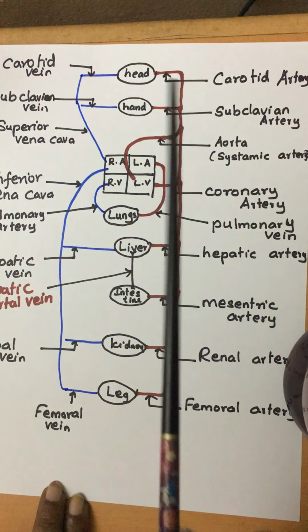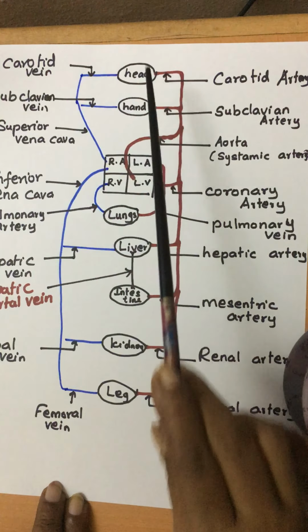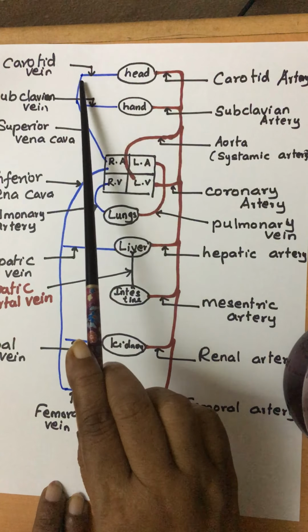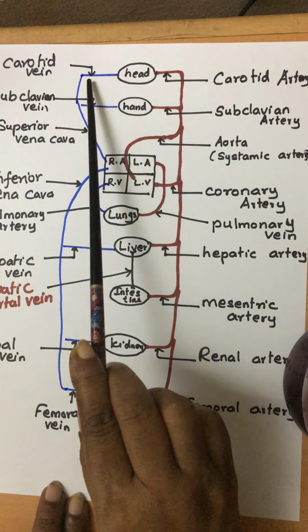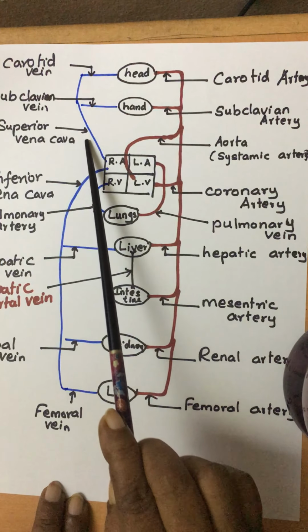Now say the blood circulates from head to leg. From the head, the carotid vein is connected to the superior vena cava.